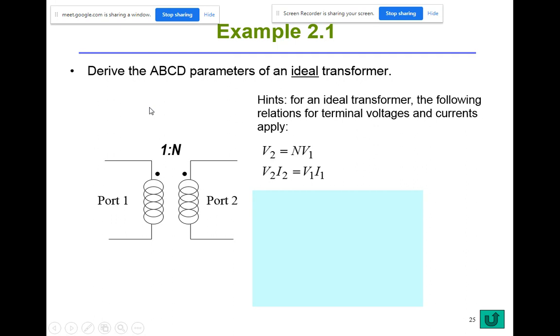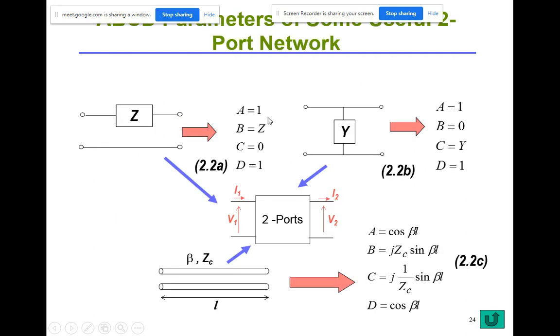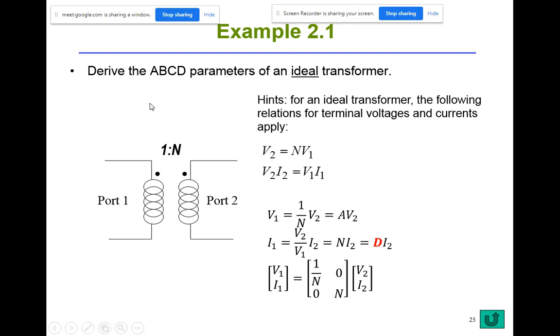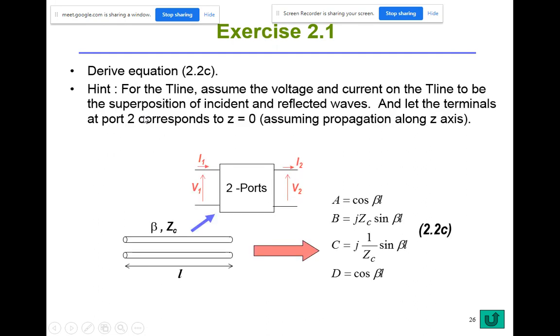So we said that you can find the ABCD matrix for a series element or shunt element. You can find the ABCD matrix for a transmission line or any two-port device. We also looked at the example of an ideal transformer. What is its ABCD matrix?